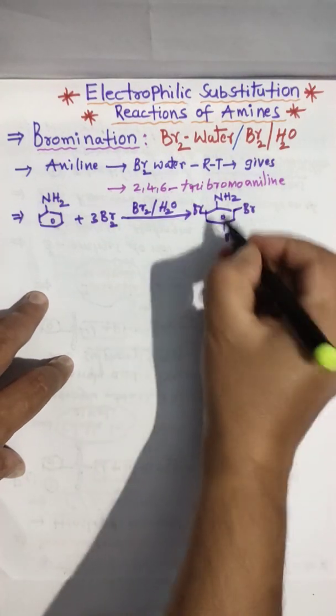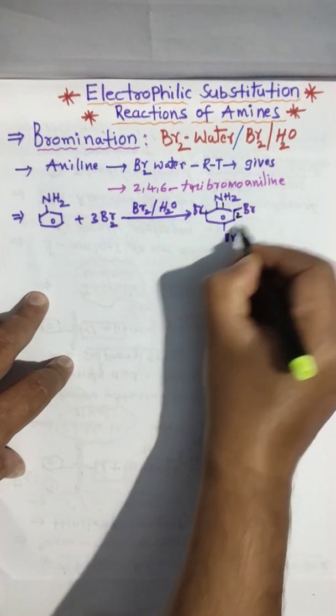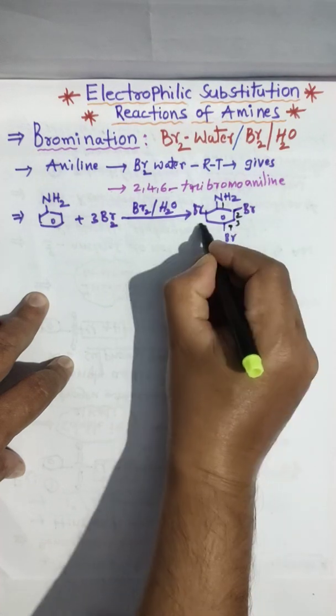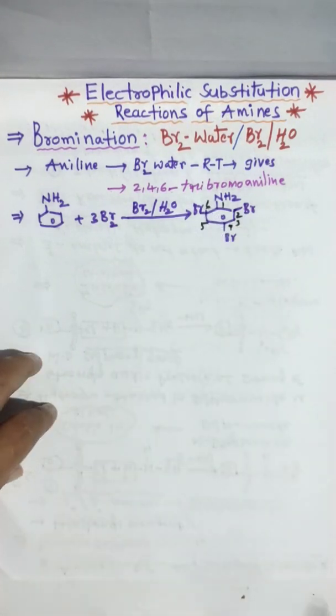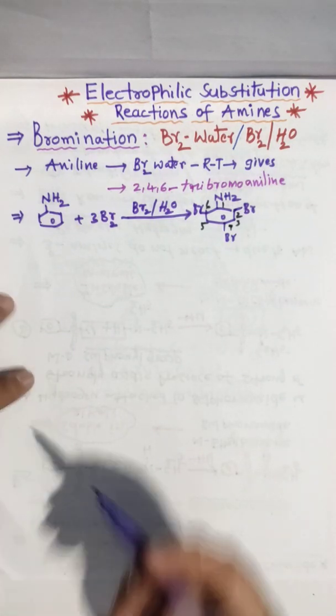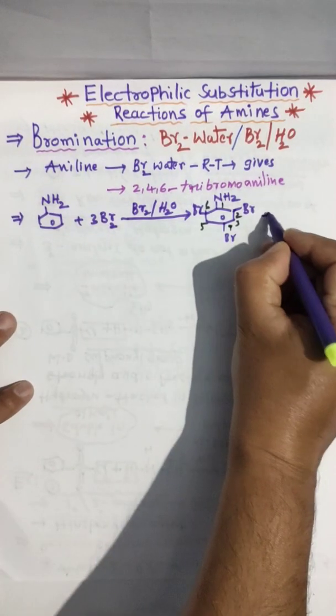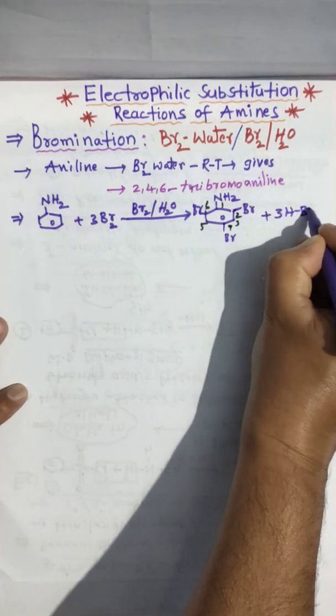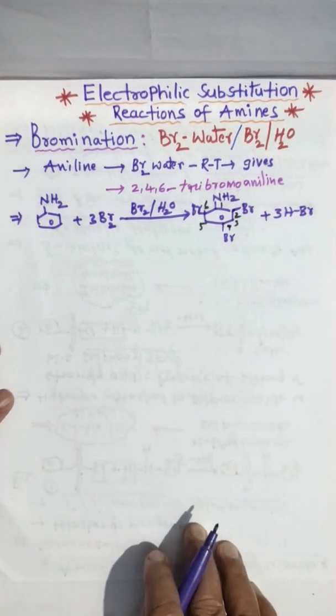See here, 2, 4, 6, numbering 1, 2, 3, 4, 5, 6. The byproduct is 3 moles of HBr, hydrogen bromide.